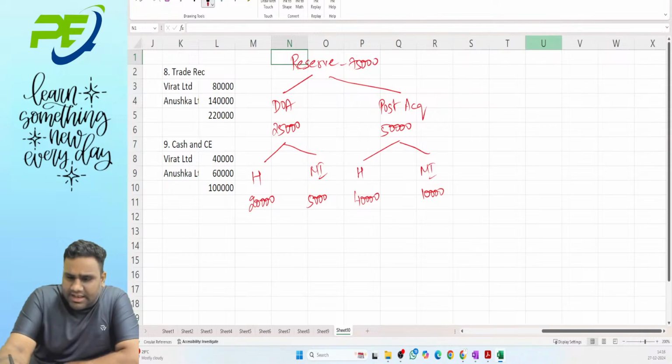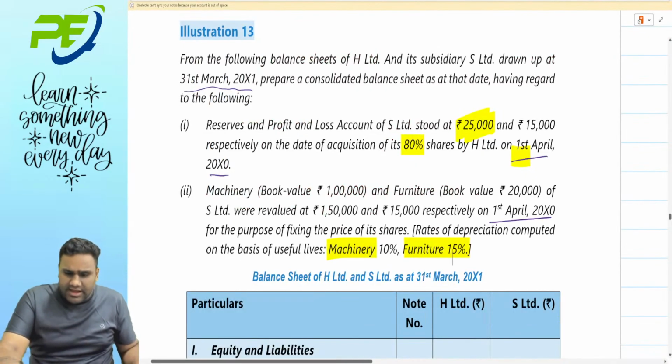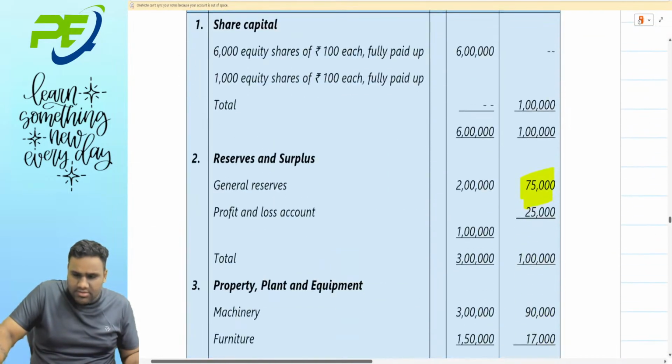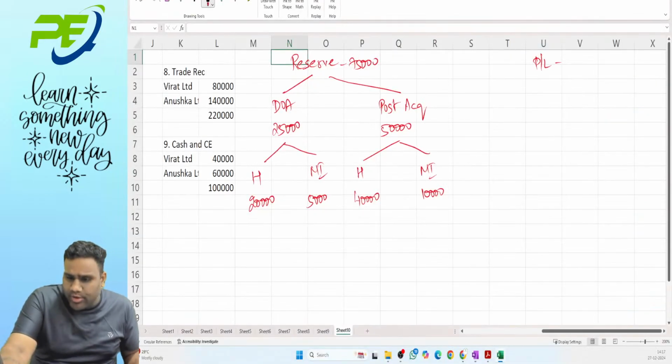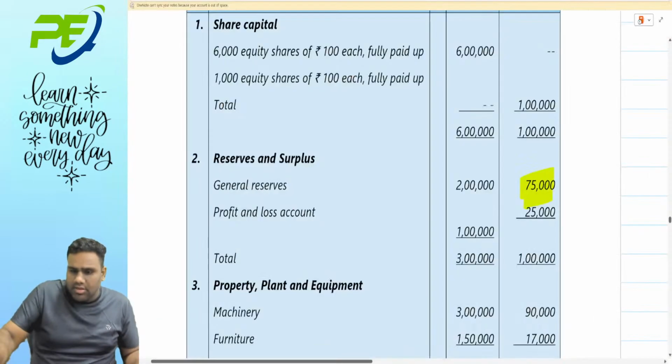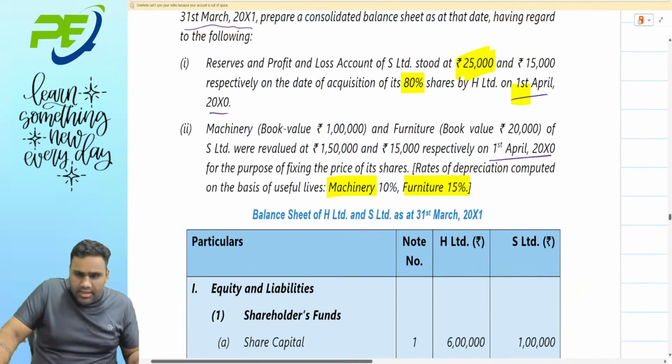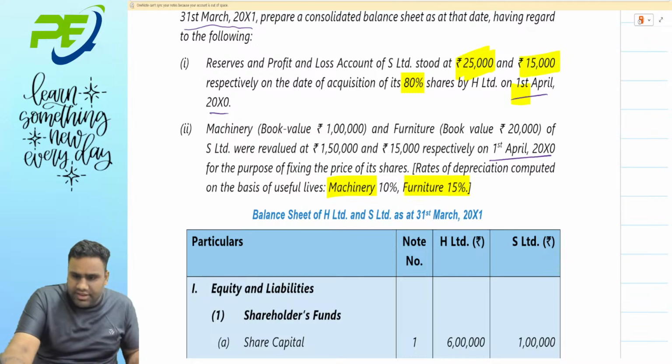Next is P&L. Now for P&L, in the balance sheet, 25,000. And when we acquired, 15,000.